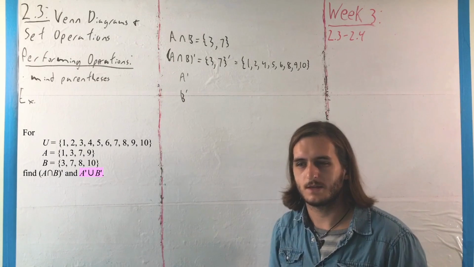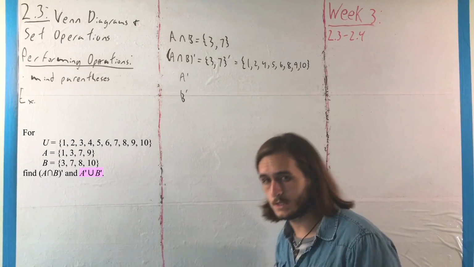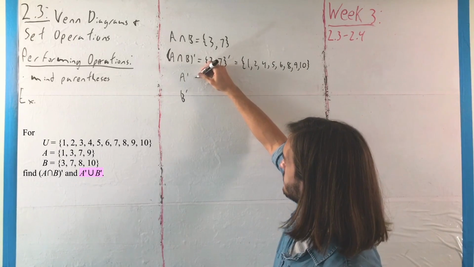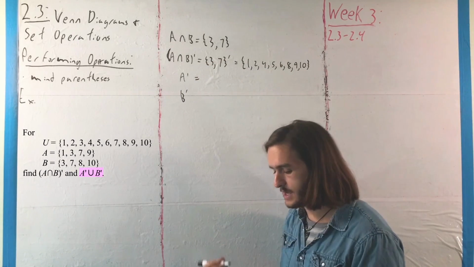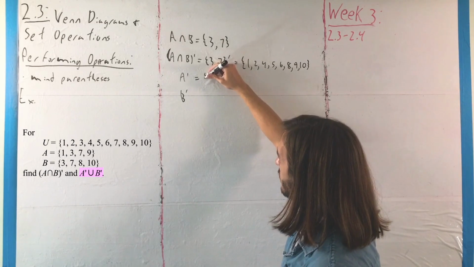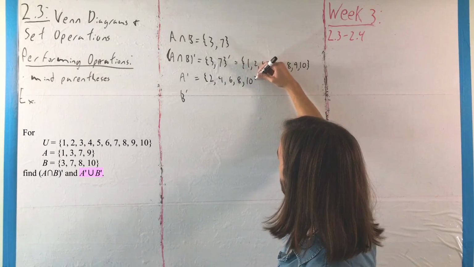So you can think of this as: we take parentheses, then we take primes, then we take unions and intersections if there's stuff left at the end. Anyway, if we're taking the complement of A, that's everything other than 1, 3, 5, 7, which would be the even numbers, 2, 4, 6, 8, and 10.